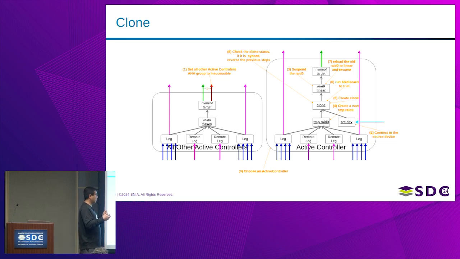and in that active controller, it could do the clone task. Clone is also a device mapper target. When we create a clone virtual device, we provide a source device and a destination device. Then the device mapper clone target will read data from the source and write to the destination.